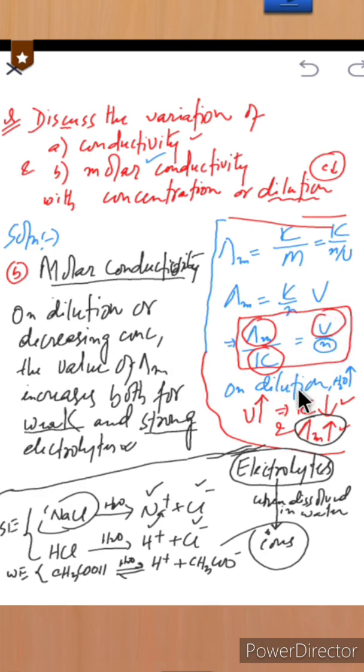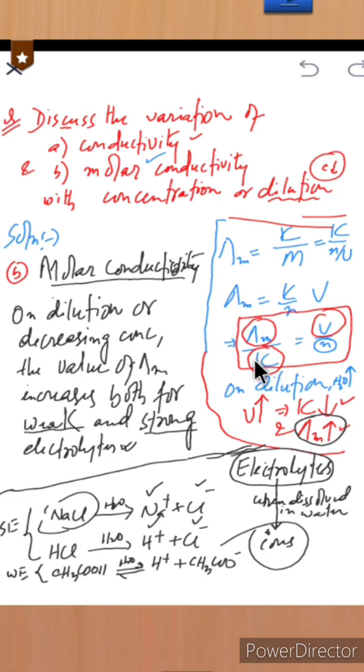So on dilution, we are going to add water. The amount of water will increase because we are adding water to decrease the concentration. So the volume of the solution will increase. When the volume of the solution increases, conductivity will decrease since they are inversely proportional, and molar conductivity will increase, okay?